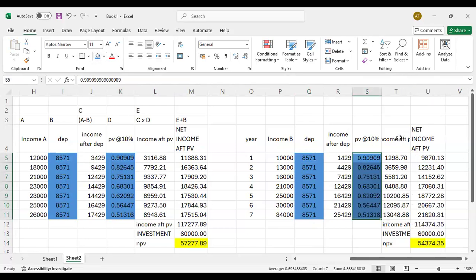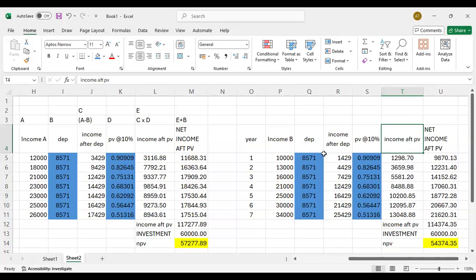There will be no change. But what changed is income after depreciation and net present value.